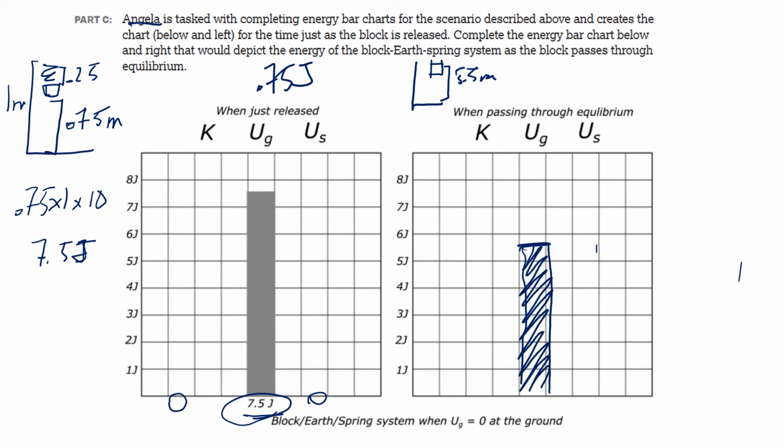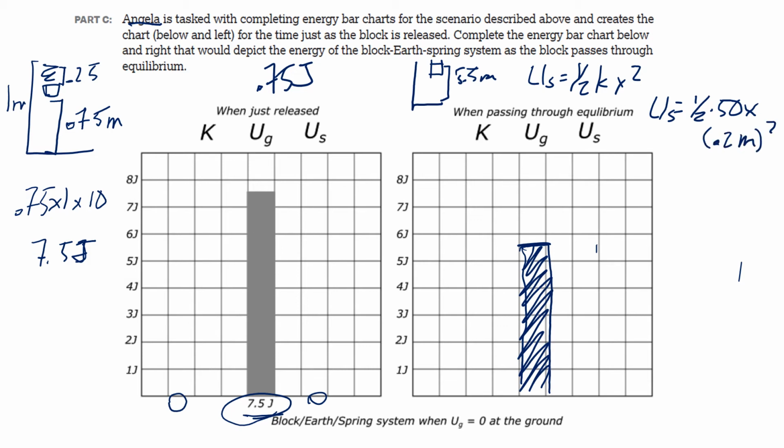So what else can we figure out? Well, we could figure out the spring potential energy. The spring potential energy, this is US, is equal to 1/2 kx squared, where k is 50, so US is equal to 1/2 of 50. And then the displacement, if you recall, in the last part was 0.2 meters, squared.